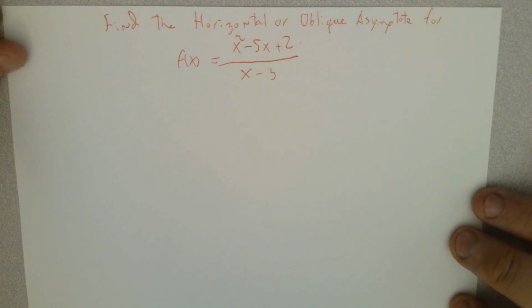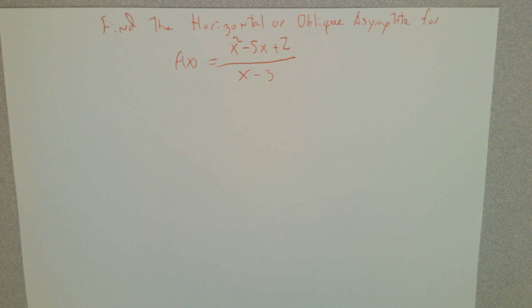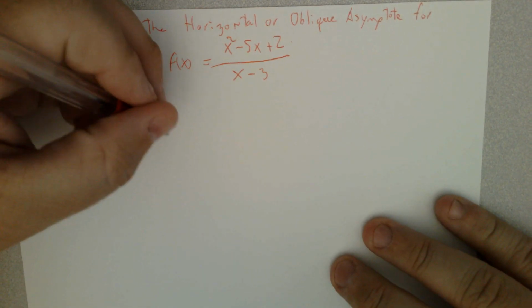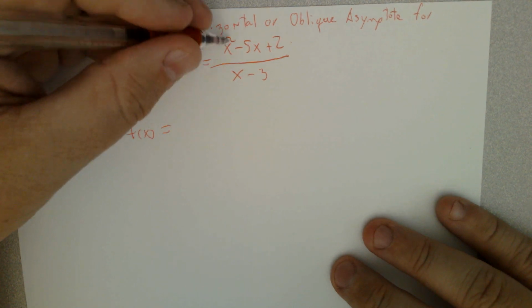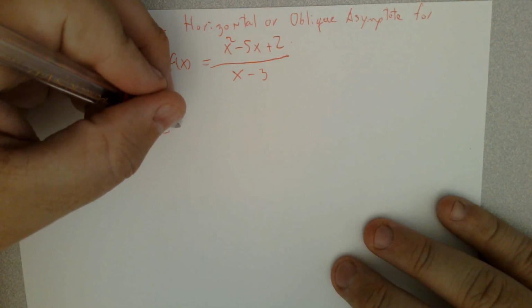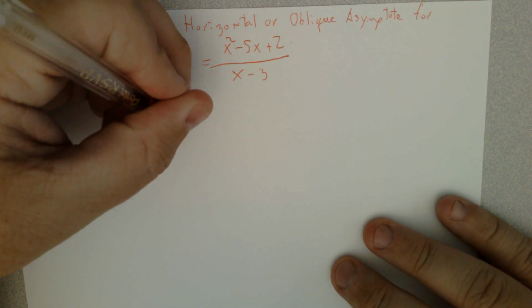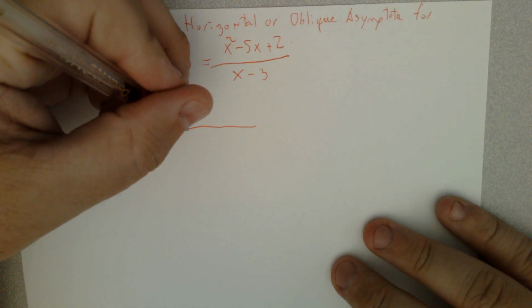So when we're looking at horizontal or oblique asymptotes, a good general background is we look at the function, and what we care about is the highest term in each of the numerator and the denominator.